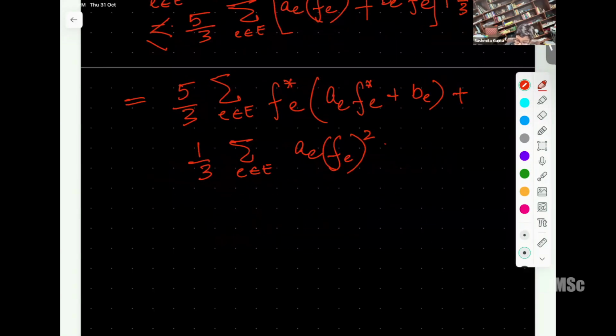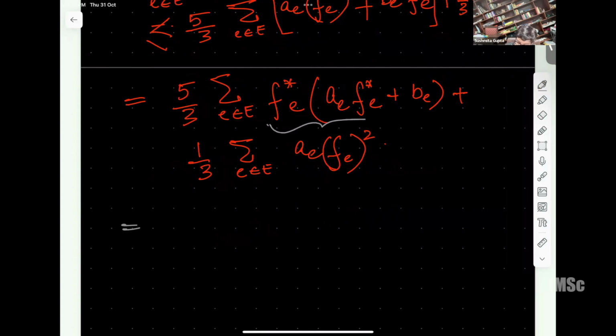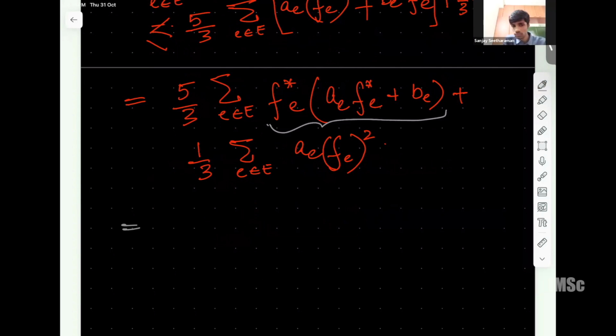So this term now, not the summation even, what does this term look like? This is basically optimum flow cost along the edge, right?